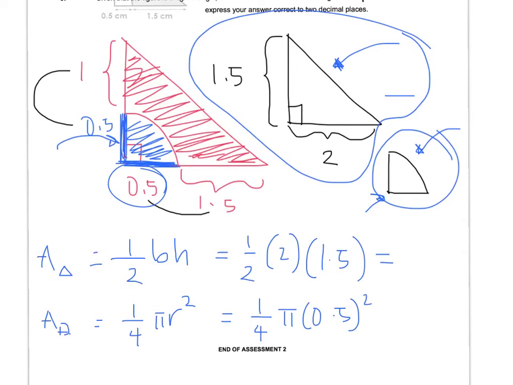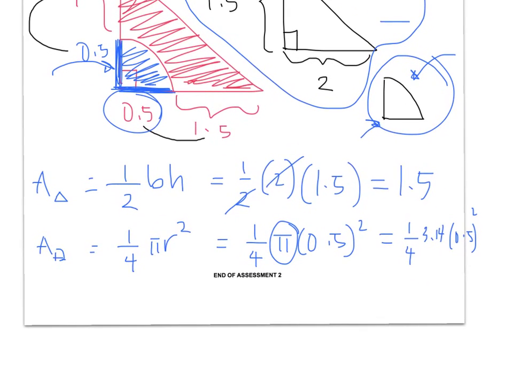So all we have to do is to find these two numbers and then we should subtract them. So actually, on the first one, 2 will cancel with 2. So this is just 1.5. For the second, use 3.14 for pi. So it's 1/4, 3.14, and then 0.5 squared.